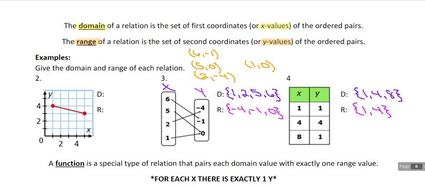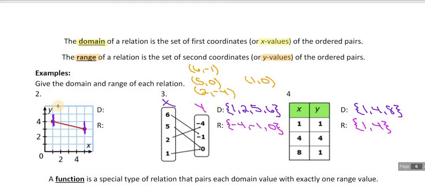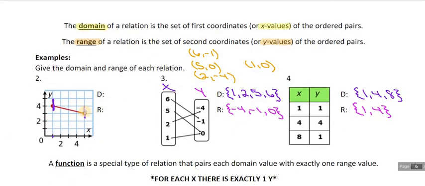Now for number 2, going backwards, our domain is, again, our x values. And if we look at our x values, I'm going from left to right. Well, what are the left and right x values from this line? The farthest left x value, so the smallest x value, is positive 1. The largest x value is over here at positive 5.